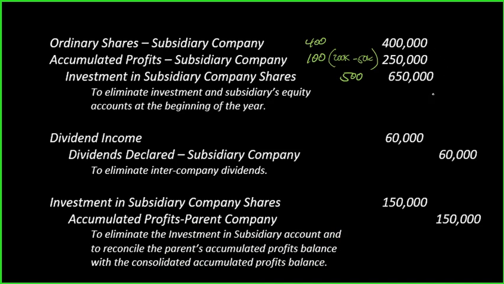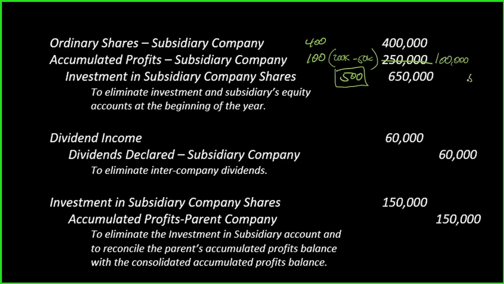For cost method, hindi dapat ganyan. There should be a different journal entry. Why? Because in cost method, the investment account is only 500, right? So there should be a credit of 150, no? This one should be 100,000.